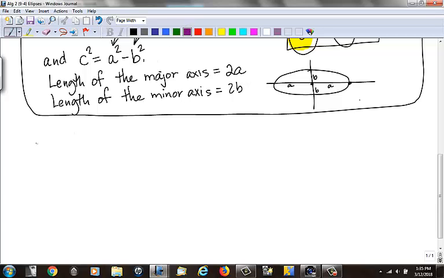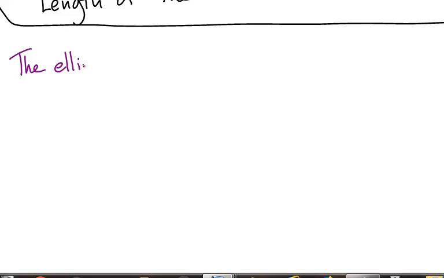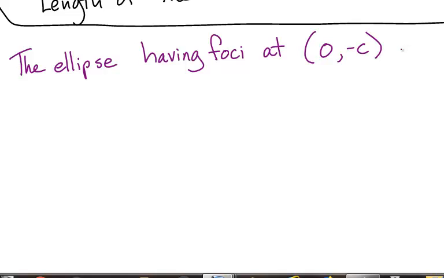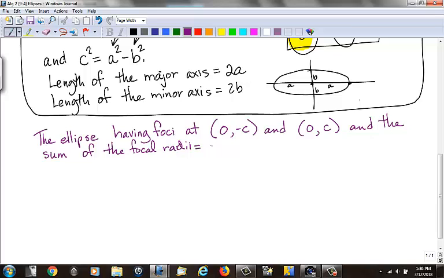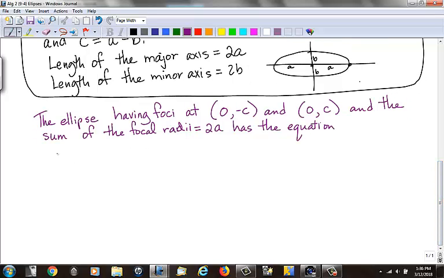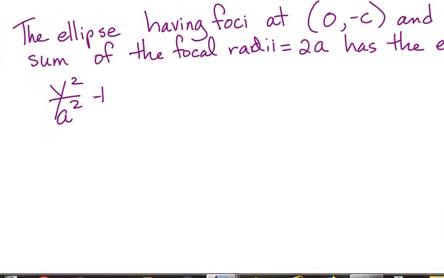So on this one, the ellipse having foci at 0, negative c, and 0, c, and the sum of the focal radii is equal to 2a, has the equation, okay, here's the main equation, y squared over a squared plus x squared over b squared is equal to 1.